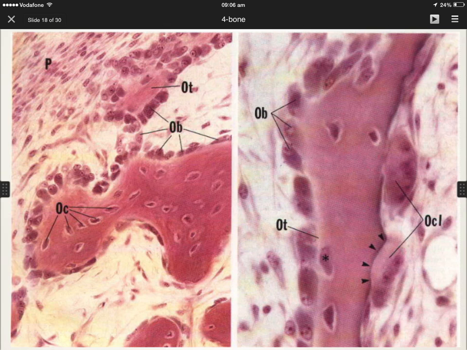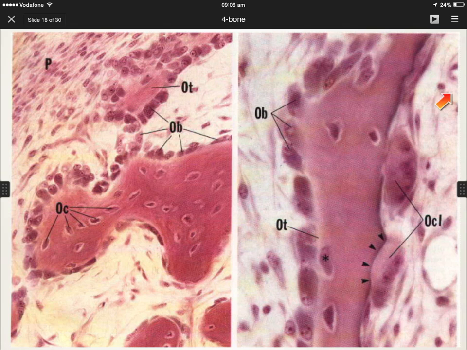So these cells will cause the removal of both the organic and the inorganic. The inorganic by the release of hydrogen ions, causing the dissolving of the calcium, and the organic material is also dissolved or hydrolyzed by the lysosomal enzymes. Also, they have a very important role in bone remodeling during the ossification.